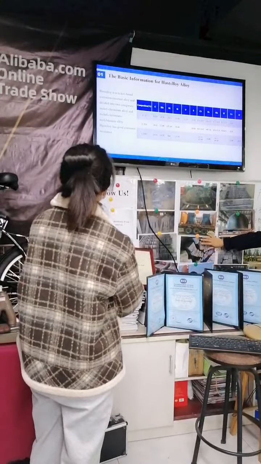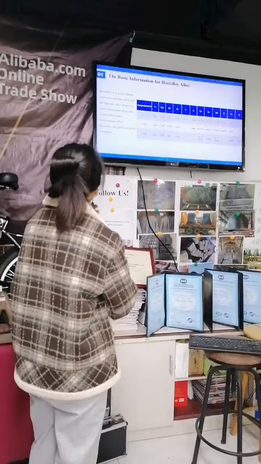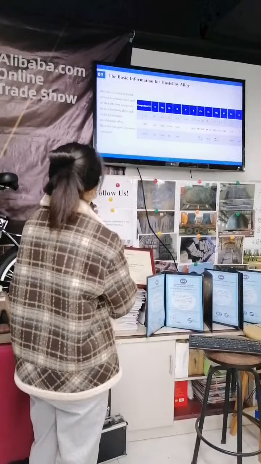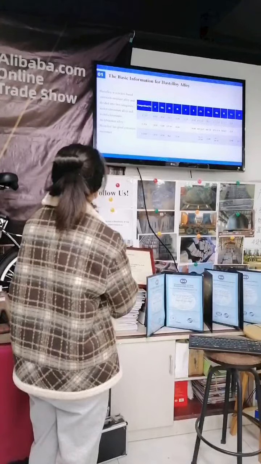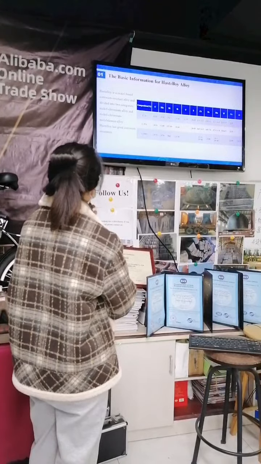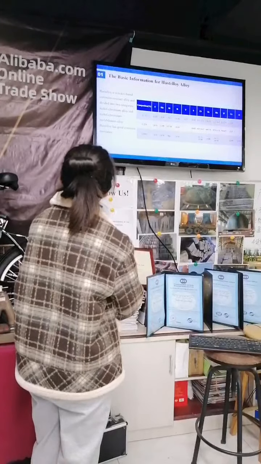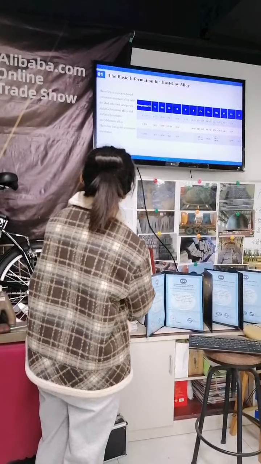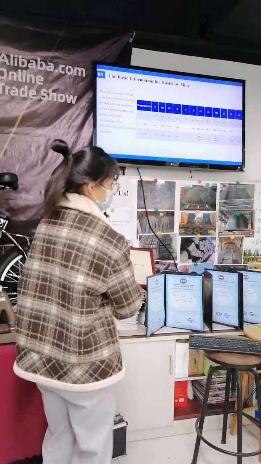This production is a nickel-based corrosion-resistant alloy and divided into two categories: nickel-chromium alloy and nickel-molybdenum alloy. This has a good corrosion resistance.